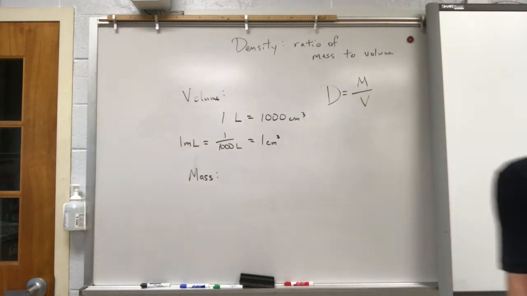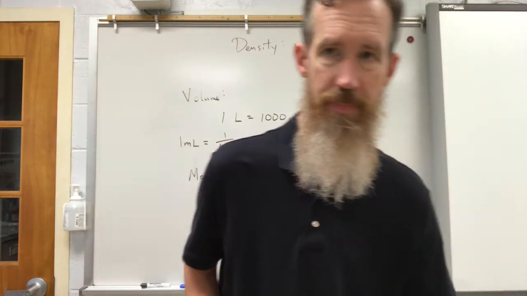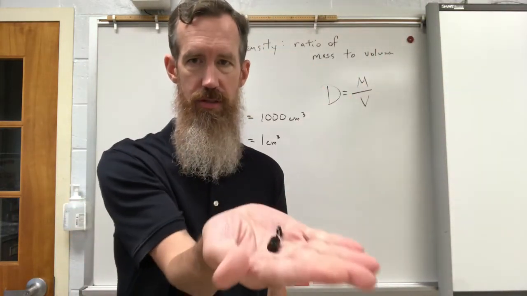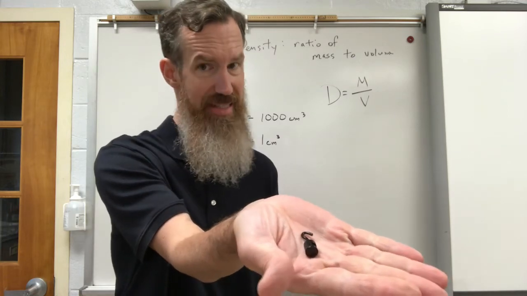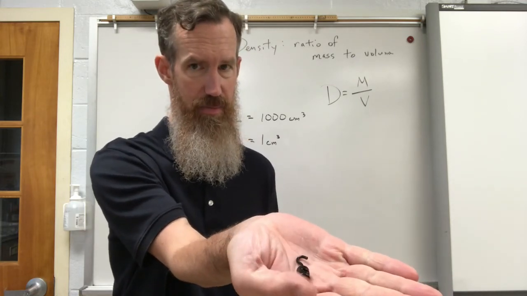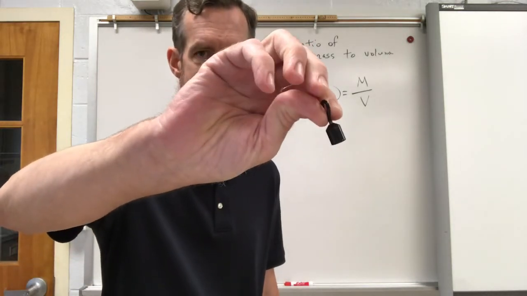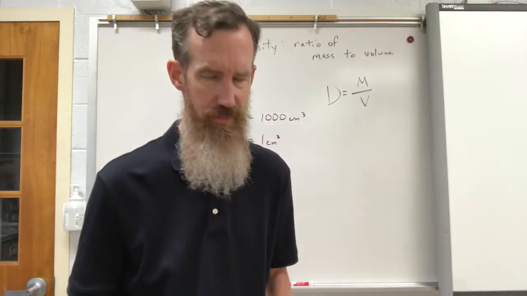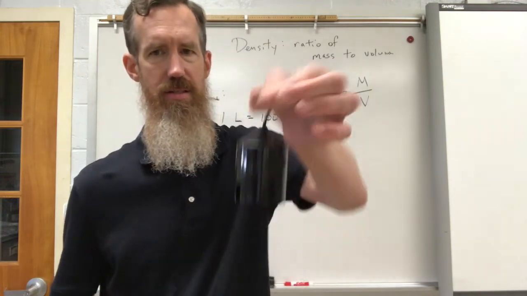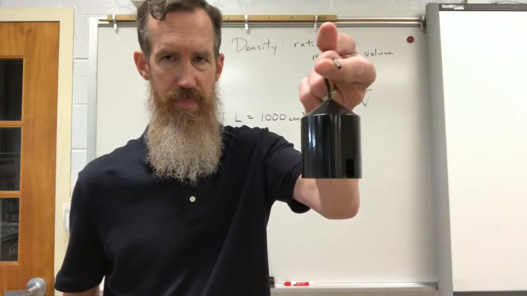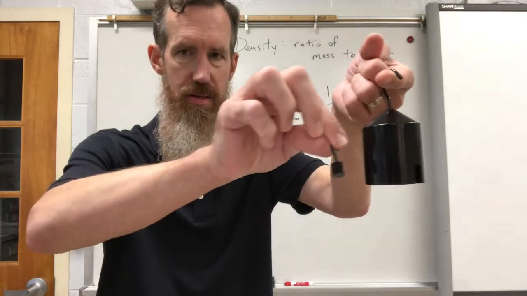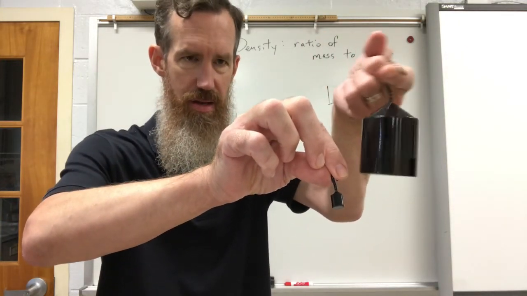But again, kilograms and grams are related because this little itty bitty thing, that's not even a gram, that's 10 grams. That little mass, it's got a little hook. So 1 gram is really small, so that's 10 grams. This big piece of metal compared to this is 1 kilogram.